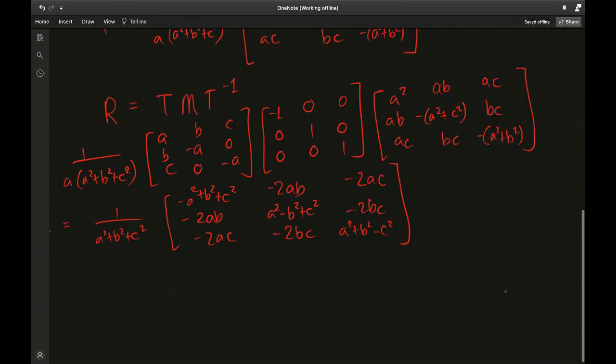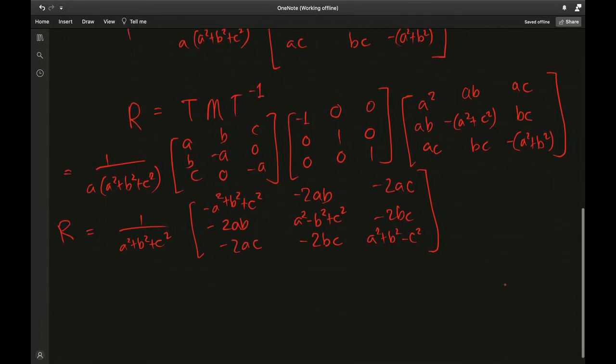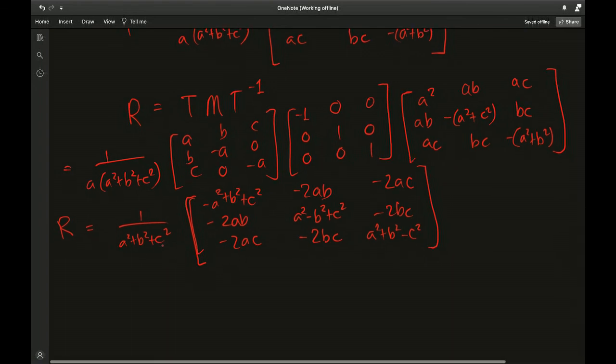I know this is sort of messy, but that's the reflection matrix we are looking for.